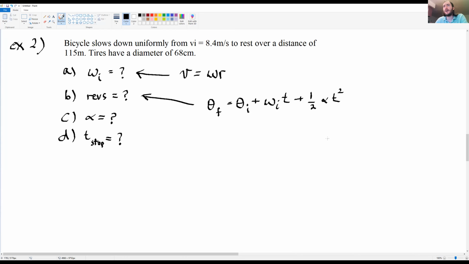Well, you can figure t out based on the linear motion. By the way, getting t would be like answering question D here. So you can think about how to figure out how long it takes for this thing to stop. I could do that with just the translational motion. I don't even have to know anything about the angular motion. I remember all the way back from chapter 2 that distance traveled is equal to 1/2 a t squared plus v initial t.